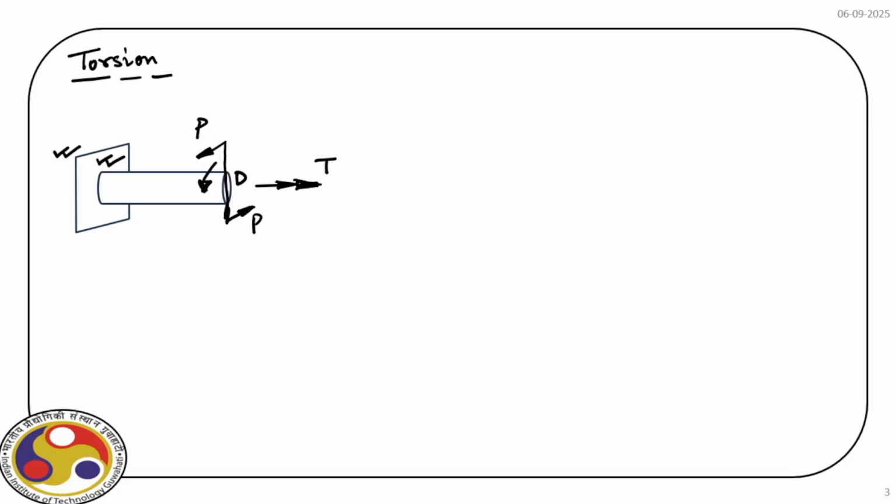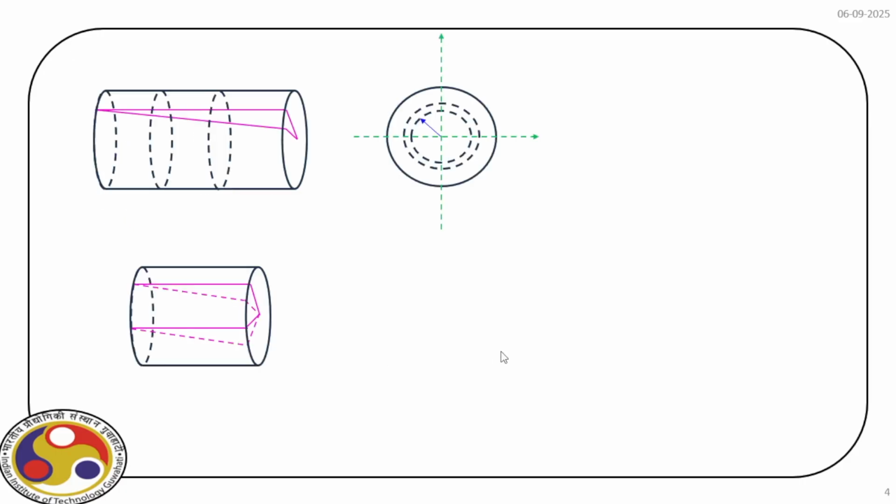For that, let us consider a better representation. As you can see here we have this circular cross section, and let us consider a small element of length dx at a distance x.